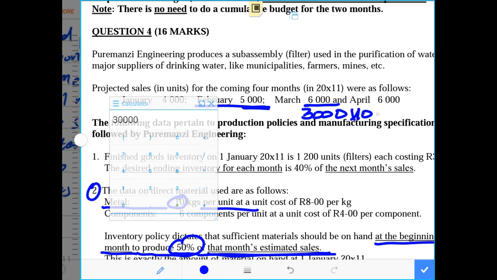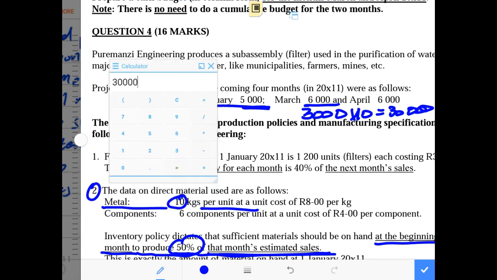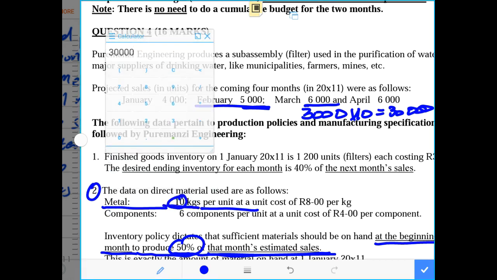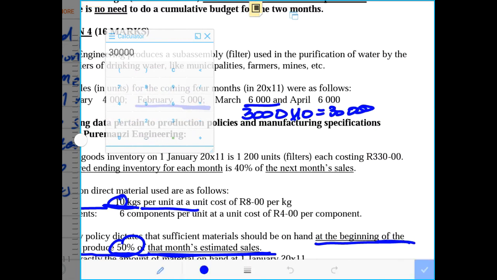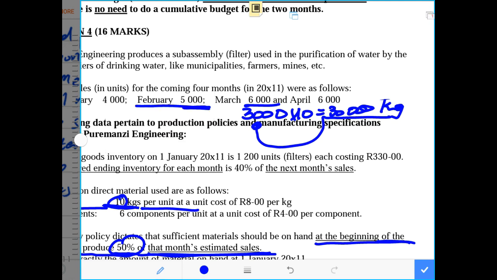Then we multiply that by 10 and it will give us 30,000 kgs. Remember, the 10 is the 10 kgs of metal because we want to know how many kgs of metal are needed to manufacture 3,000 units. That will be 30,000 kgs of metal that are needed to manufacture the 3,000 units, which is half of the units that are expected to be sold by the end of the month of March.